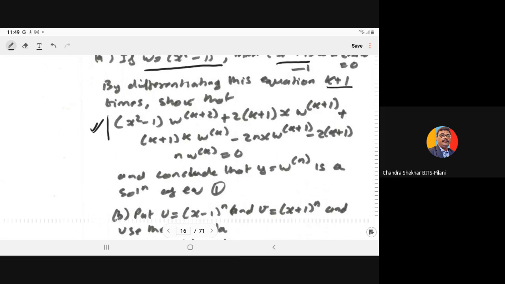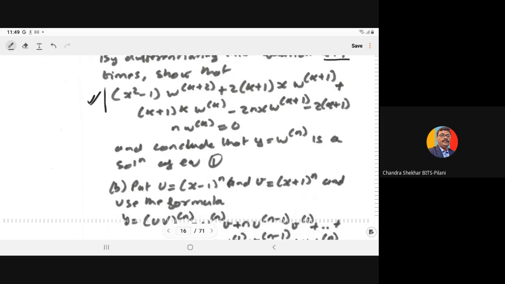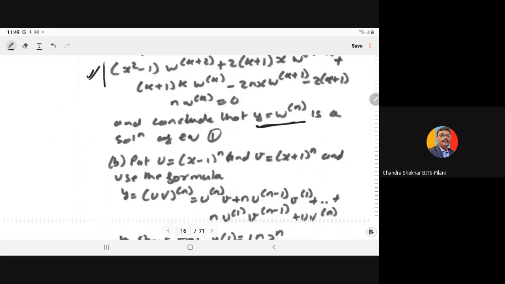So in this case, if you put y is equal to w to power n, consider that y is equal to w to power n is the solution of equation 1, whatever the equation given to you.